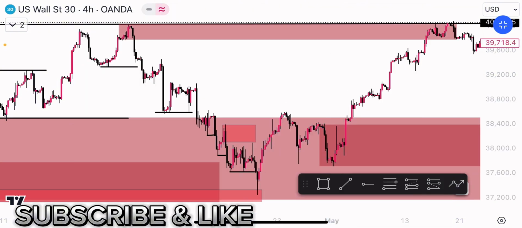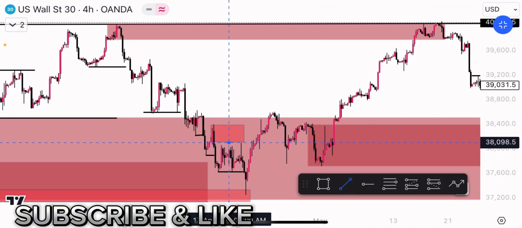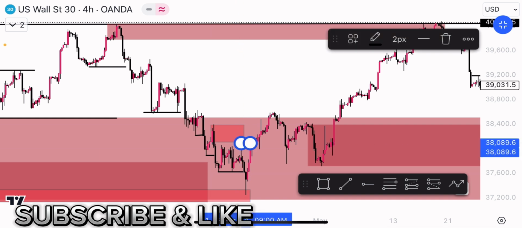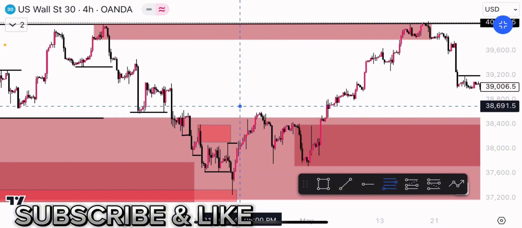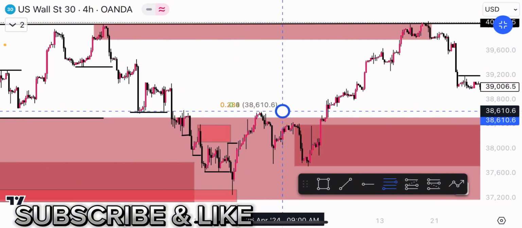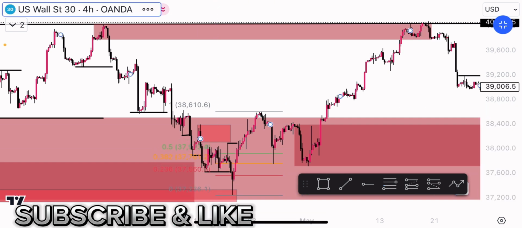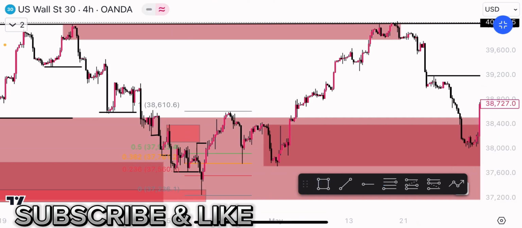Okay, so these things are very simple, guys. It's just left for you to train your eyes for this. Okay, so looking at this now, looking at your trading range here, you plot your Fibonacci retracement from this high to this low. Okay, you can see the way the price came into this zone just to mitigate it right here.